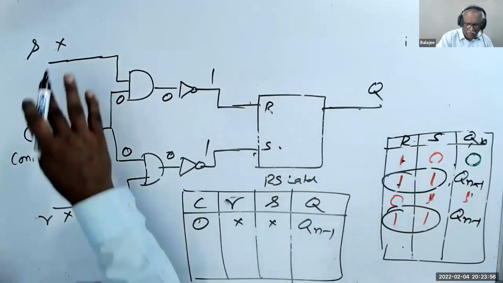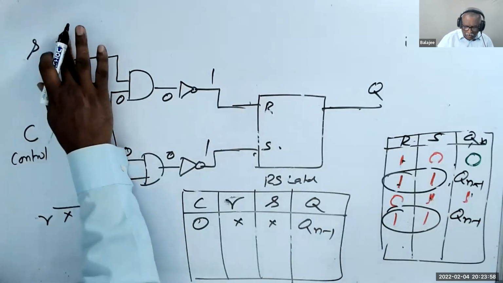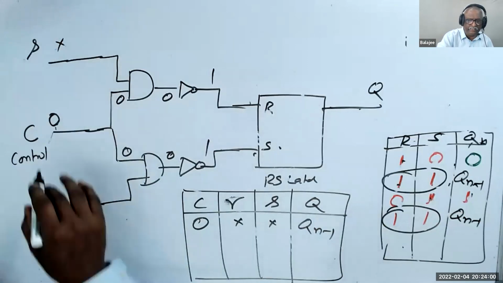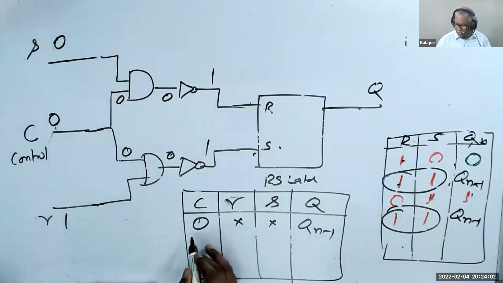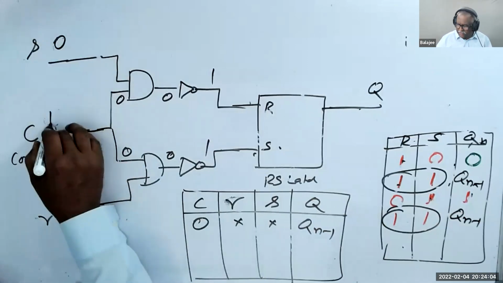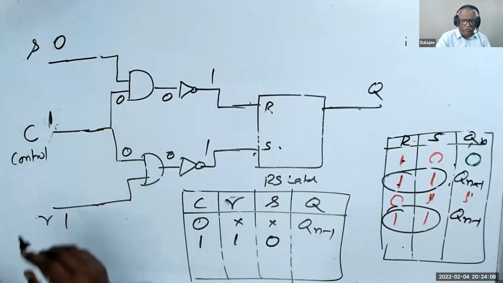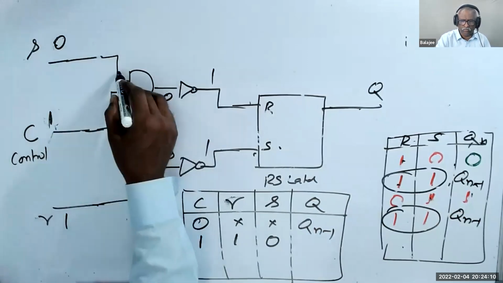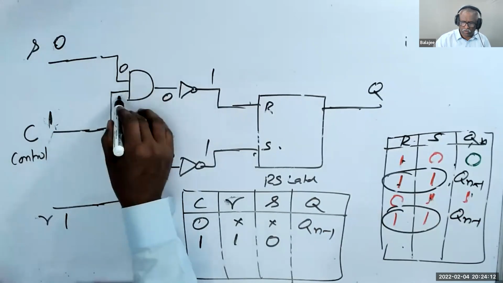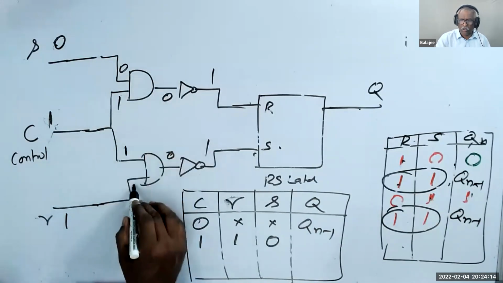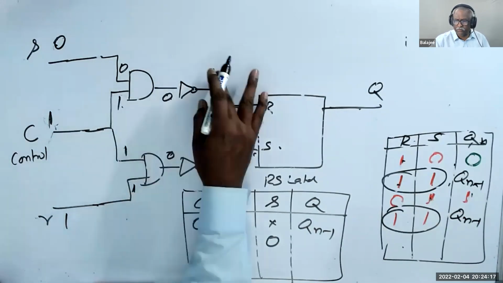I make R as 1, S as 0. See here. I make C as 1, R as 1, S as 0. Now 1, 0 is 0. So this becomes 1.